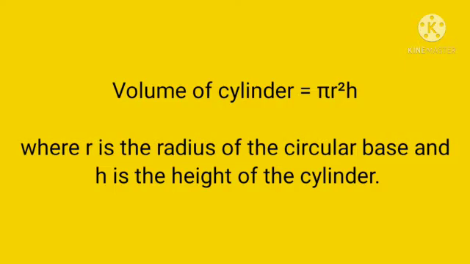Volume of a cylinder is equal to pi r square h, where r is the radius of the base of a cylinder and h is the height of a cylinder.